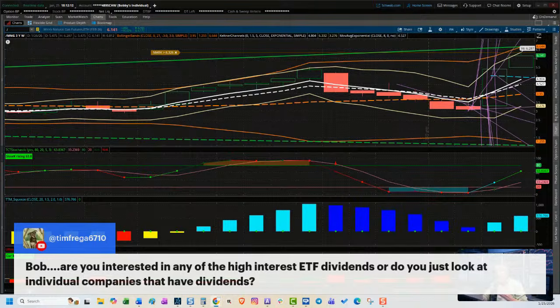When it does move dramatically to the downside, then I would pounce on it, because then it's a liquidity problem. People getting margin calls sell those ETFs to create liquidity. So if I saw a high yielding ETF getting sold off hard out of panic, I would be a buyer.